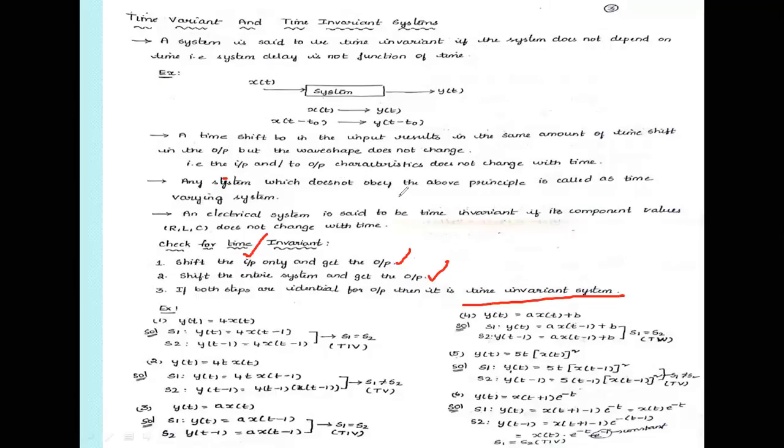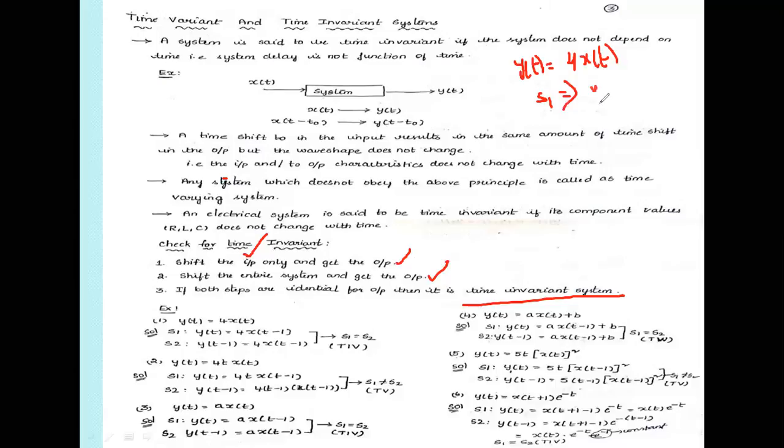Y of t is equal to 4 into x of t. Let us assume the signal is delayed here. Let S1 be the case where only the input is delayed: shift the input only and get the output.